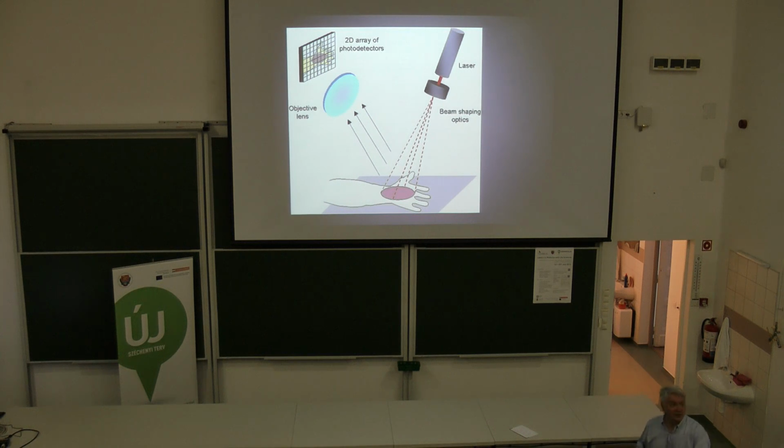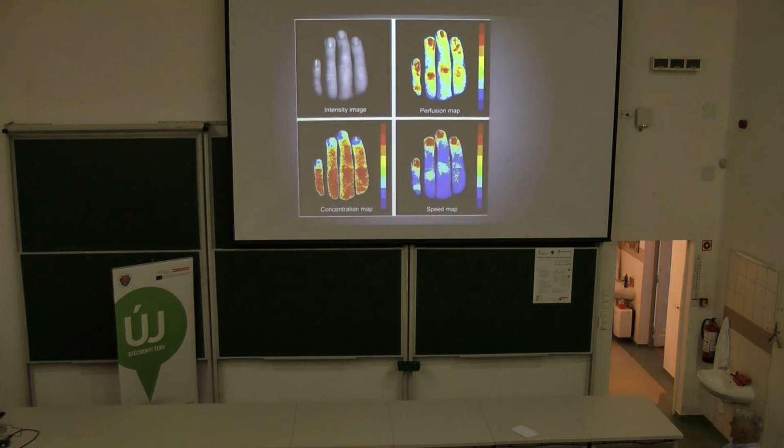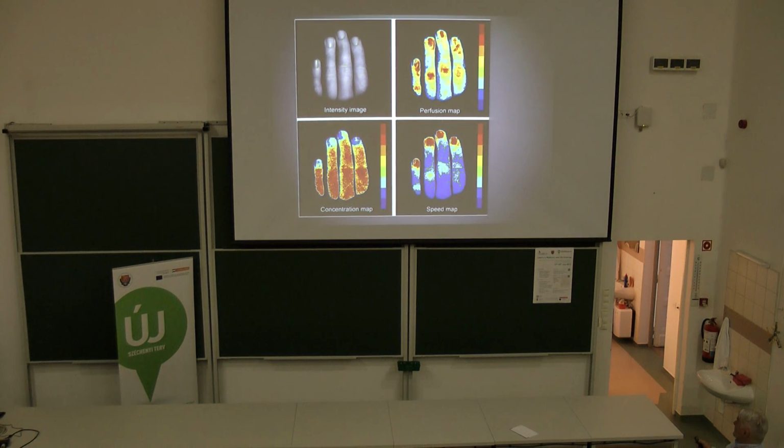Now the CMOS cameras are good enough to pick up this information and to see what's going on in a certain skin area. This is a picture of what kind of information can be drawn from this kind of pictures.